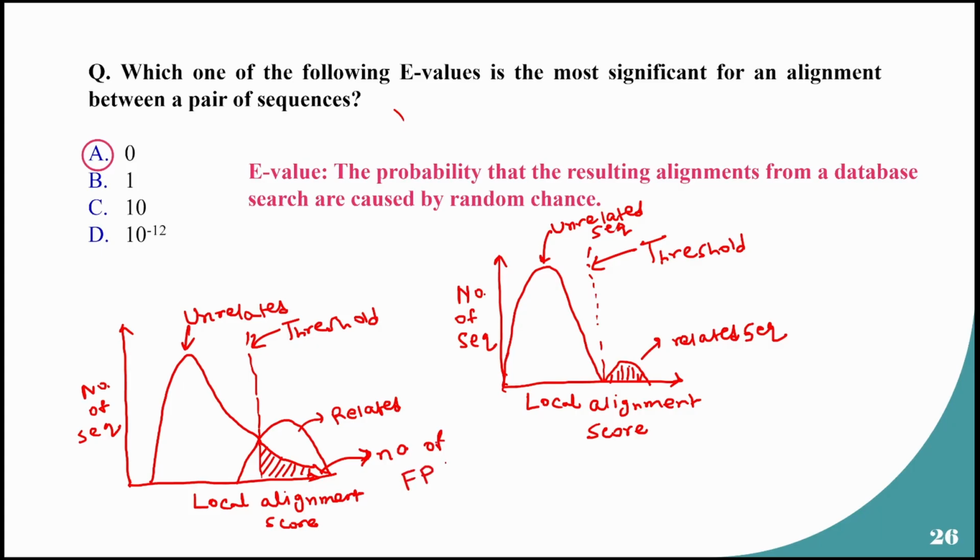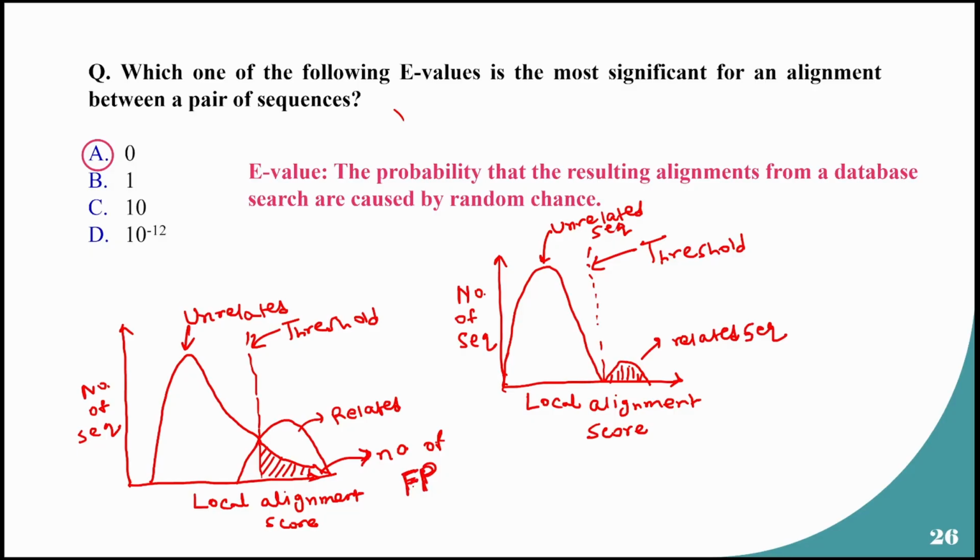So the number of false positives is basically, over the threshold, how many alignments you are getting that are for unrelated sequences, but again you are getting an alignment score over your threshold, right?